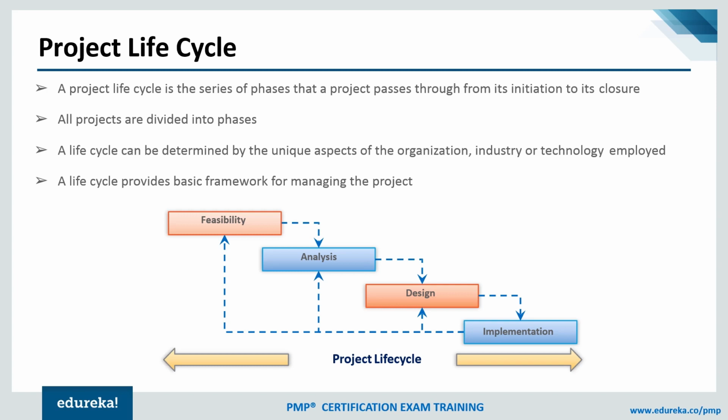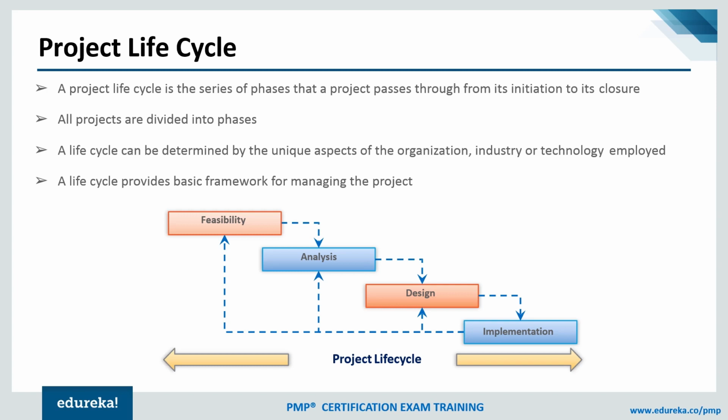Human life cycle begins with the fertilization, then birth, then it progresses through the infancy, childhood, puberty, adulthood, and aging, and finally we come to the end. Now every phase that we go through is unique and encompasses changes in the human body. Exactly the same way, any project, no matter from which industry, no matter from which area, it passes through various stages or phases. We start the project, we plan certain work, then we do the work, and finally the project comes to an end where we close the project.